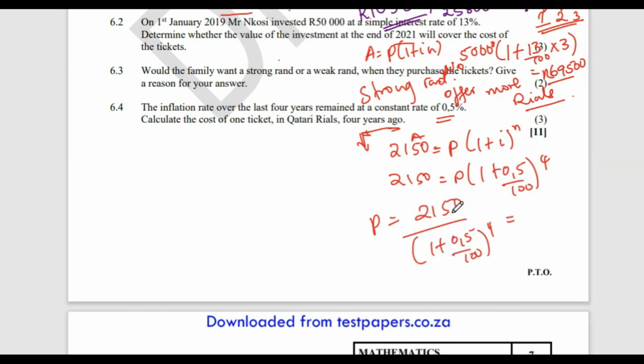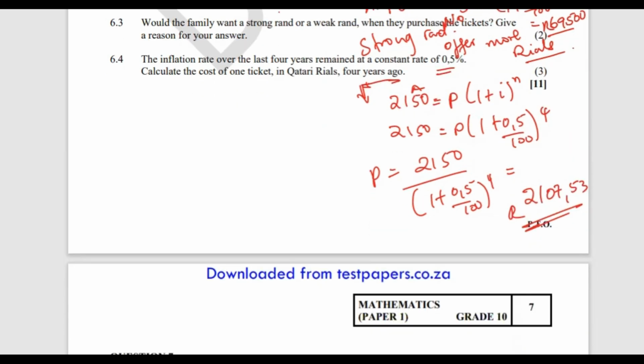So the answer we get should be slightly smaller than what we currently have. So I'm getting 2,107.5. So that is the cost of the tickets.